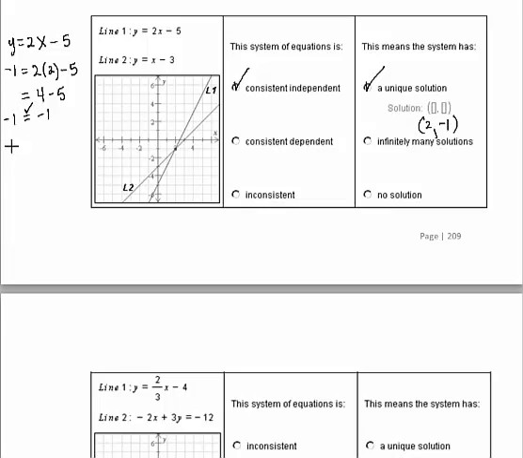And now if we try the same ordered pair for the second line, we have a negative 1 equals 2 minus 3, and 2 minus 3 is a negative 1. And so the left hand side matches the right hand side for both line 1 and 2, so we have the correct coordinates. One intersection point, consistent, independent, a unique solution. One solution.